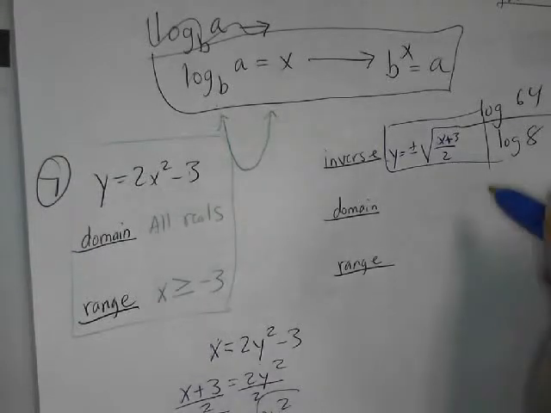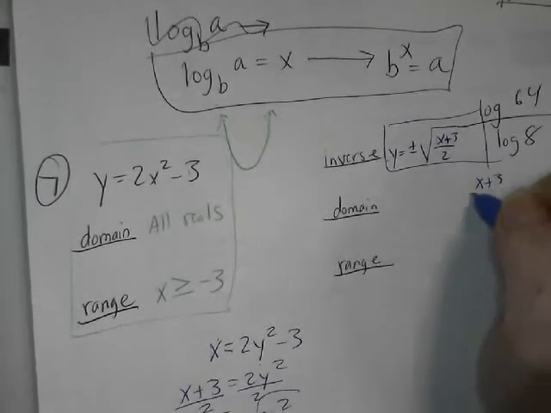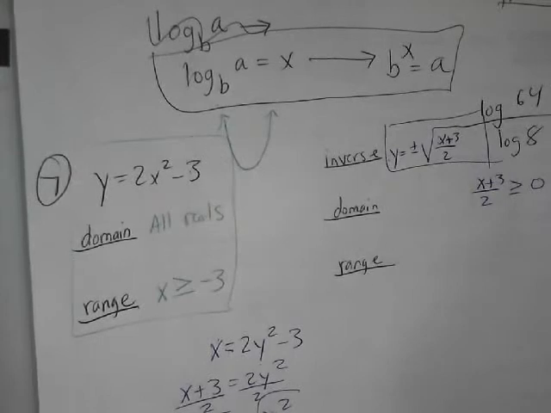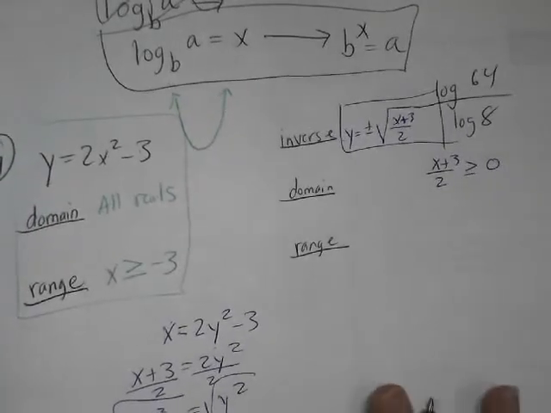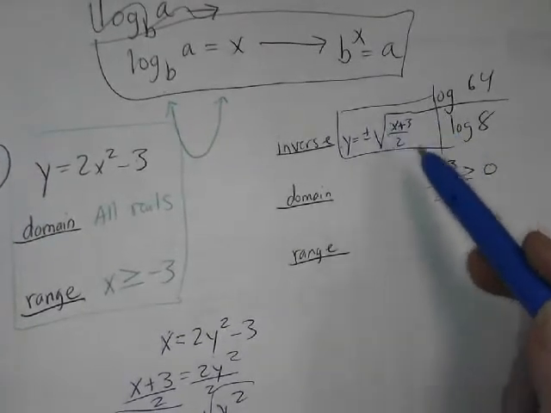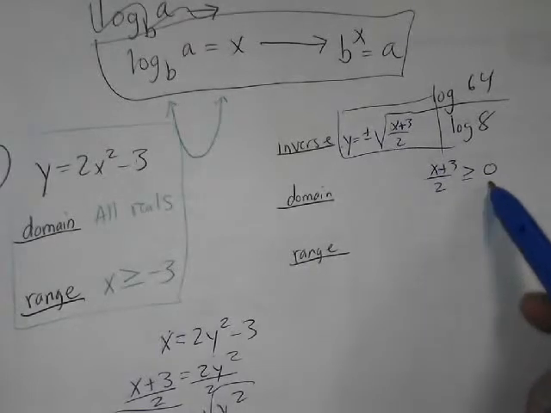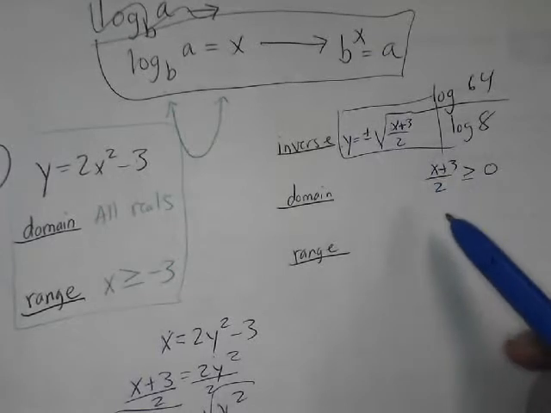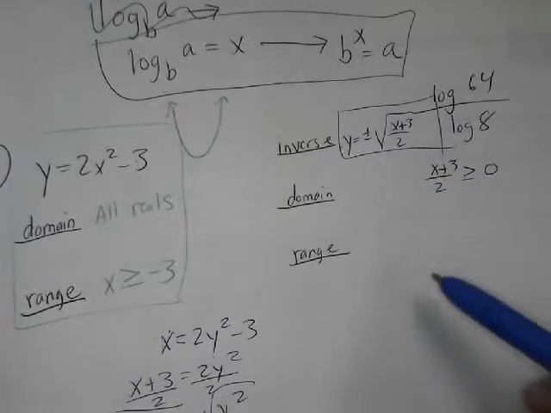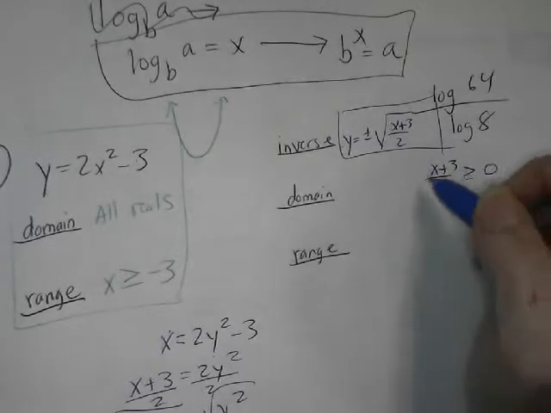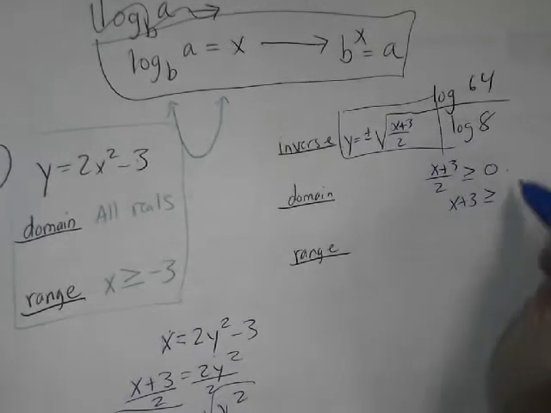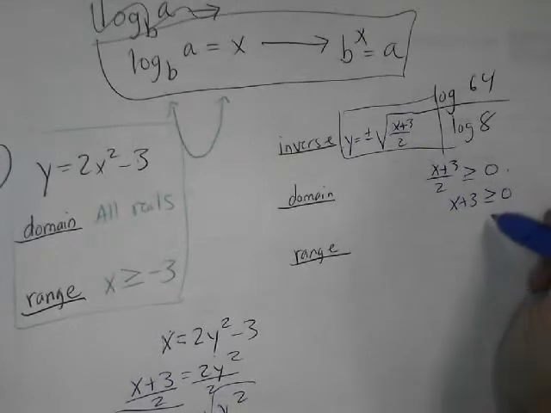So I would go like this. I'd go x plus 3 over 2 has to be greater than or equal to 0, and I would solve it, because it's going to be more than just the positive. So I took the radicand, set it greater than or equal to 0, and I'm going to see exactly what number makes it turn into 0. Okay, so if I multiply both sides by 2, I'll have x plus 3 is greater than or equal to 0.